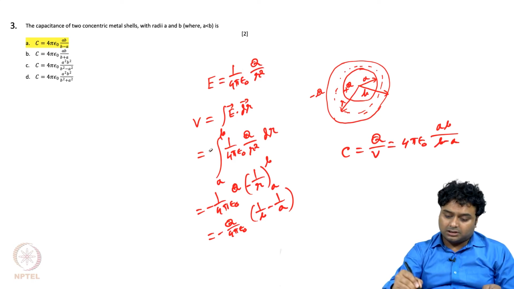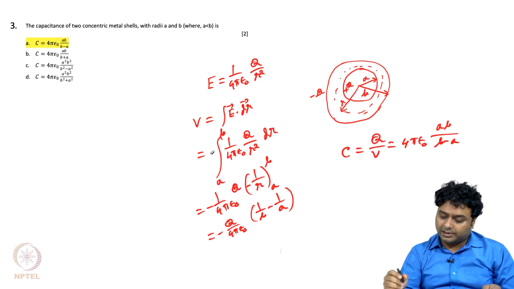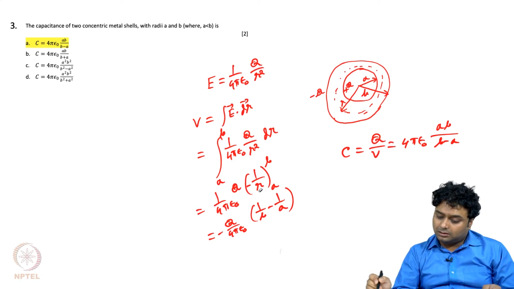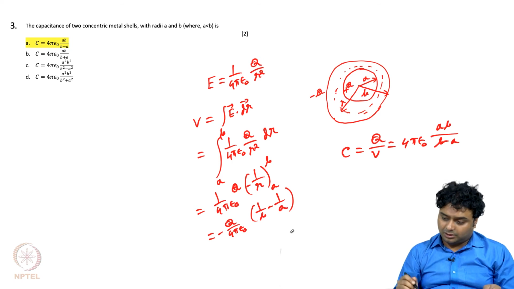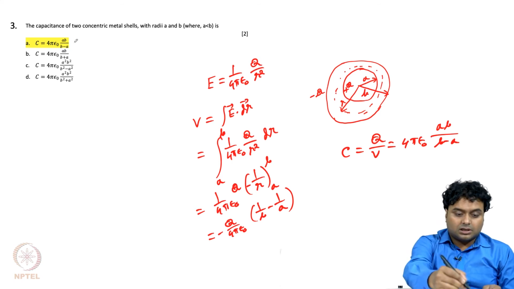This is not 180, this is 0. So this is fine, and then you get, minus 1 by r square will become minus 1 by r, and you take the negative out, and then you get 1 by b minus 1 by a, and that will give you this equation. Okay, so this is the correct option.